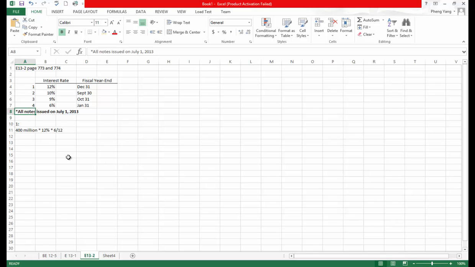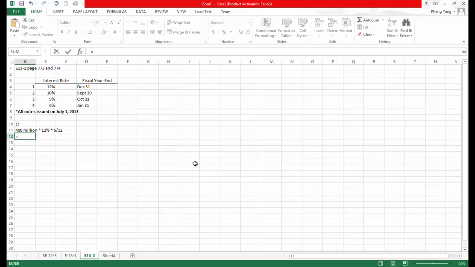So that we don't get confused where I'm getting my months from, these notes were issued on July 1st, 2013. So for the first scenario, July 1st to December 31st is 6 months. That's why I got that 6 over 12. Okay.